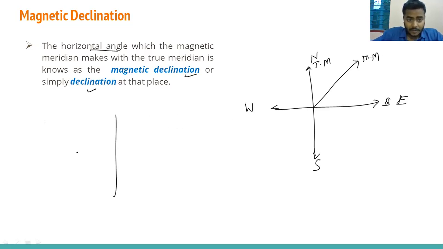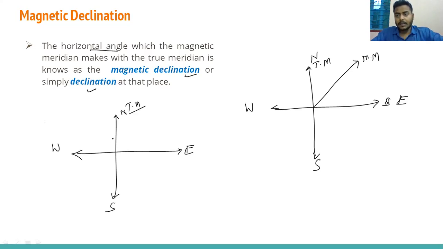And one other case we can draw, this is north, east, this is south, west. So this is the true meridian. By astronomical observation we can get the true meridian, and suppose this is the magnetic meridian. So the horizontal angle between the true meridian and the magnetic meridian is called declination.